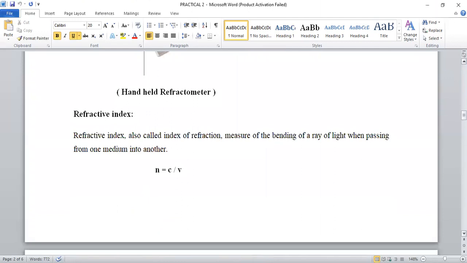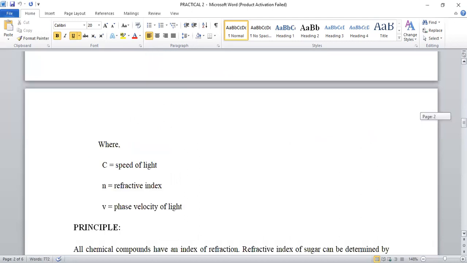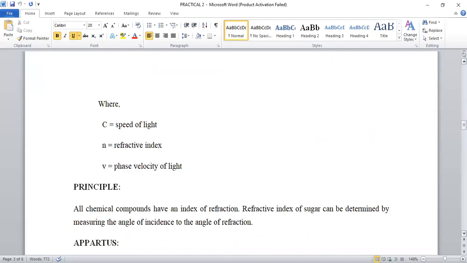So what is refractive index? Refractive index, also known as index of refraction, measures the bending of a ray of light when passing from one medium to another medium. The formula for refractive index is n equals c over v, where c shows the speed of light, n shows the refractive index, and v shows the phase velocity of the light.